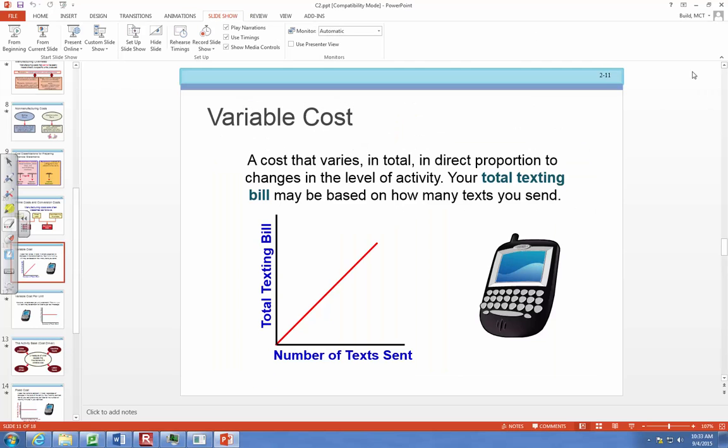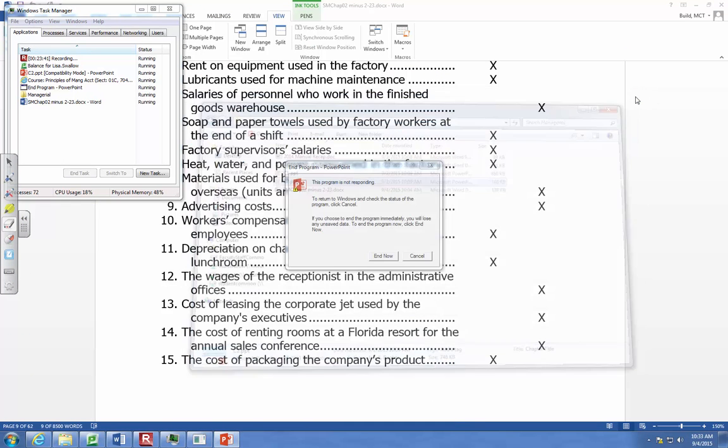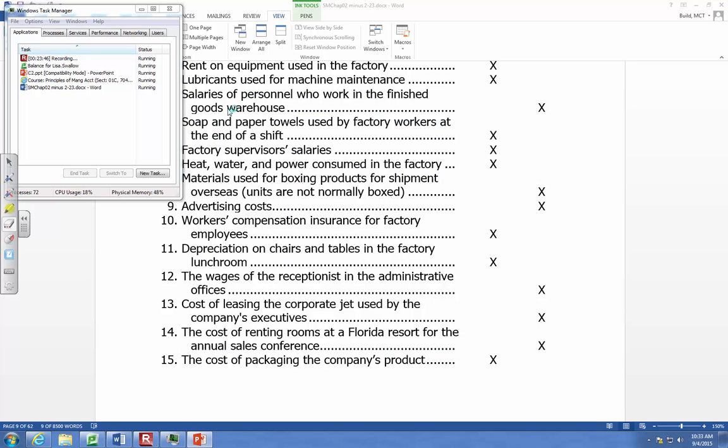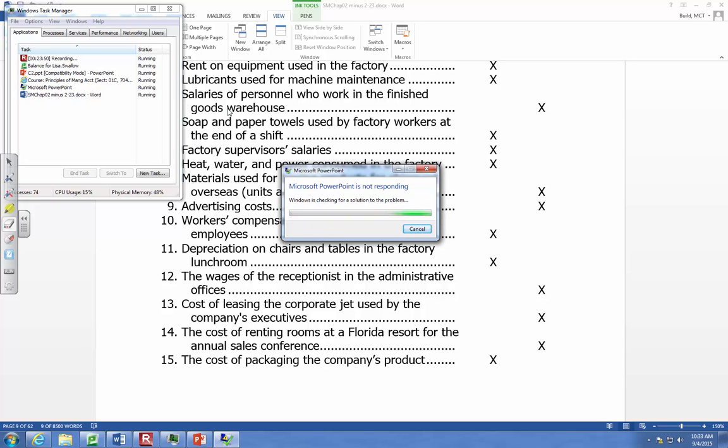Okay. So if I'm producing wind turbines, what are some examples of costs that are variable? Materials. What kinds of materials?